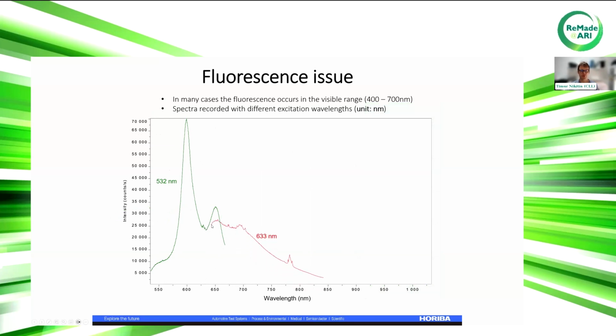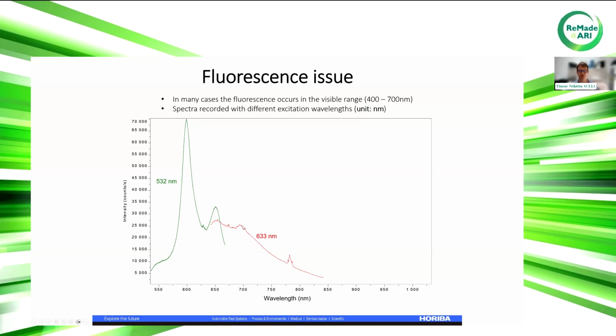But then if we switch to another laser, so remember the diagram, it doesn't matter which laser we use because we are exciting our molecule to a virtual state, and it will come to an excited vibrational state, same vibrational state. So what matters is the energy difference. But we are working now in a different spectral region, and we see now a bit less fluorescence because now we're exciting with 633, where the photons have less energy.